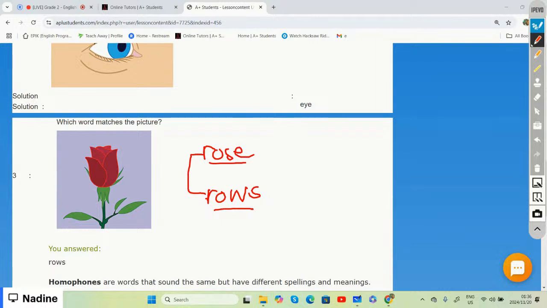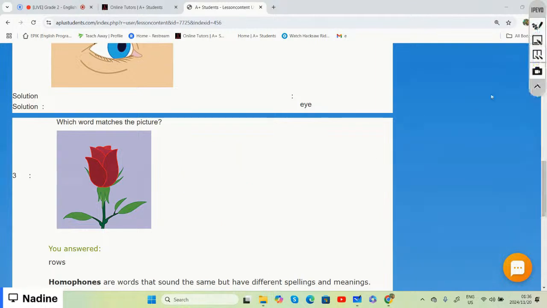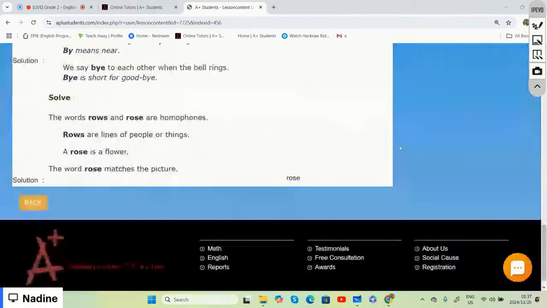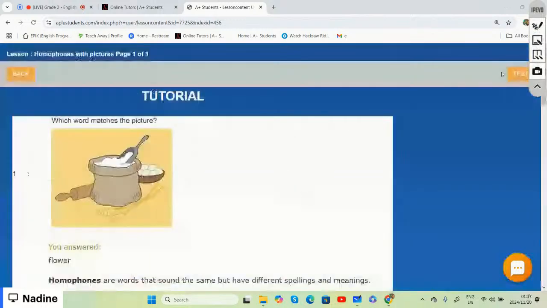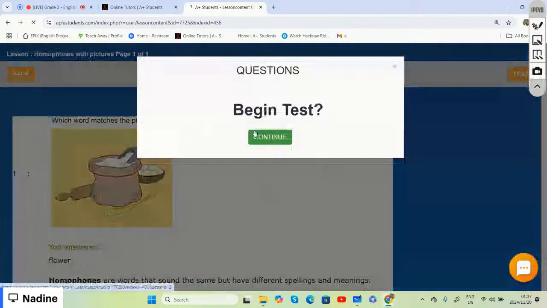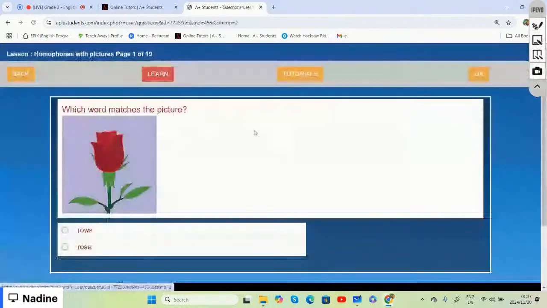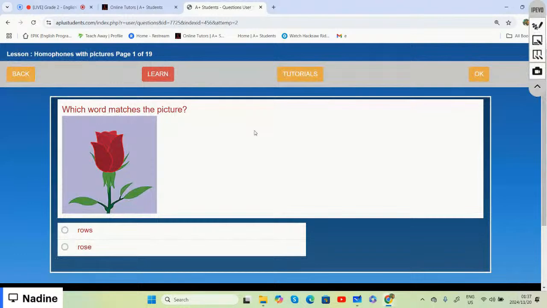All right, almost. We're going to do the test now. Okay, so now we're going to do our test. We need to choose the homophones with pictures. And we need to specifically say what picture we see in front of us.